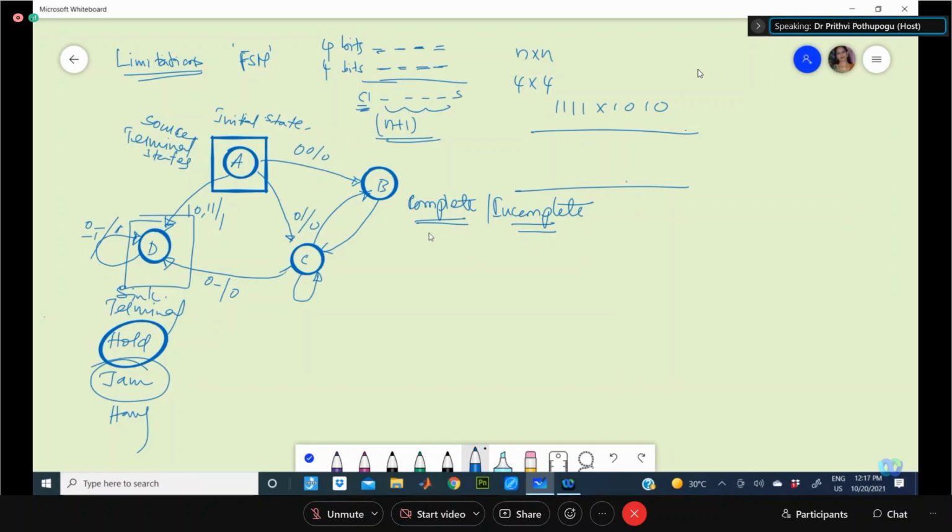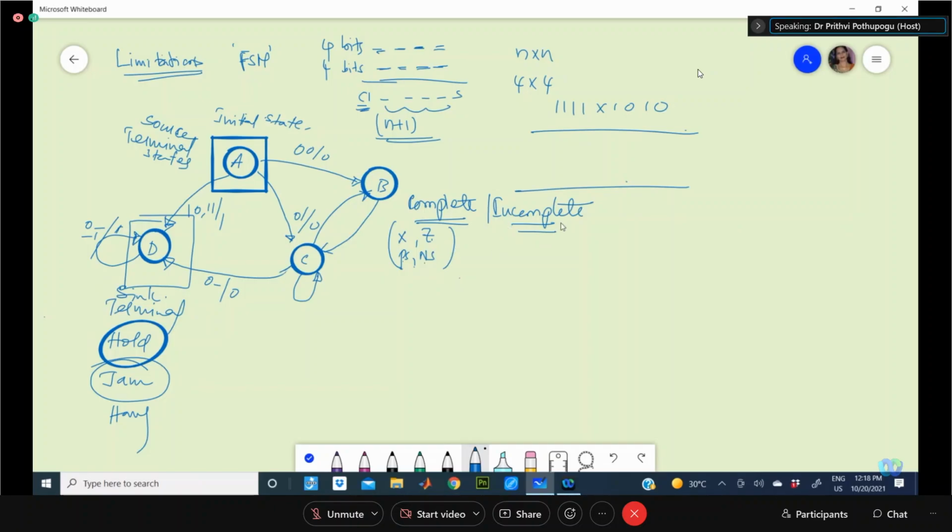A complete system means that for every input there is an output mentioned, and the present state and next state are mentioned. That means all possible values of inputs and present state define the output and the next state. Then it is complete.